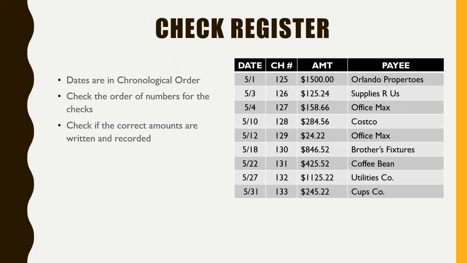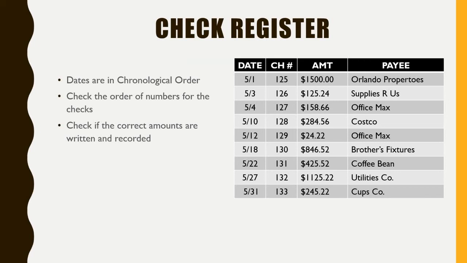Okay? So, of course, when we are dealing with a bank reconciliation, there are a few things that we need to check as well. The first thing that you should have is your check register, okay? So your check register, again, is like your checkbook, right? It allows you to keep track of the checks that you've written, the date, the amount that it's written for, and obviously who you decided to send that money to.